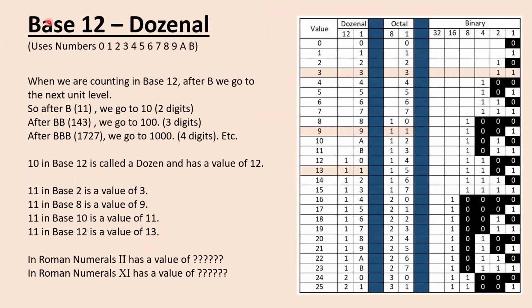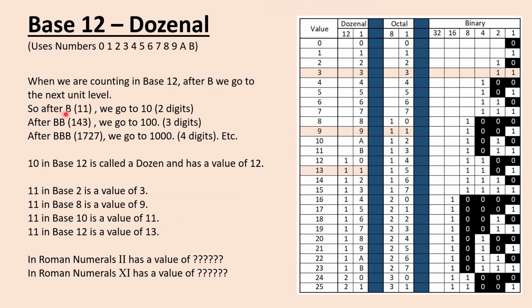Base 12, dozenal, uses numbers 0, 1, 2, 3, 4, 5, 6, 7, 8, 9, A, and B, which I'm going to use. When we're counting in base 12, after B, we go to the next unit level.